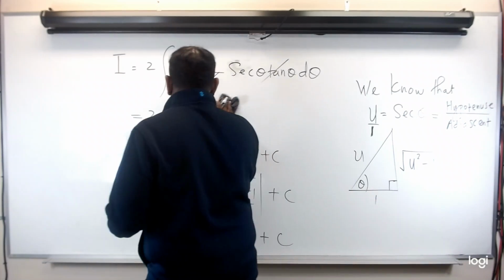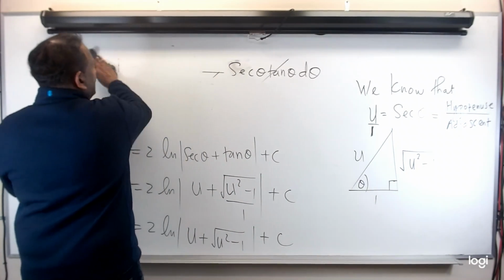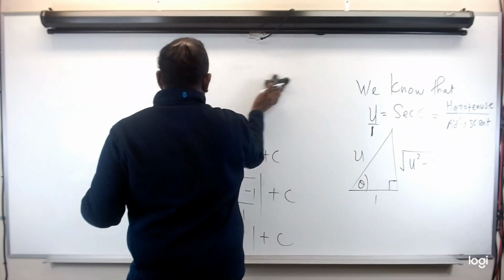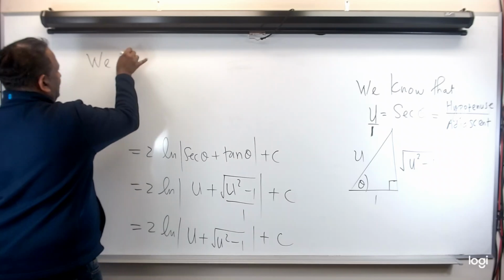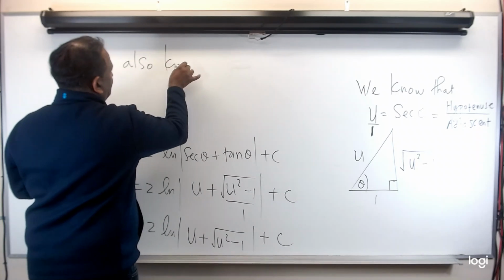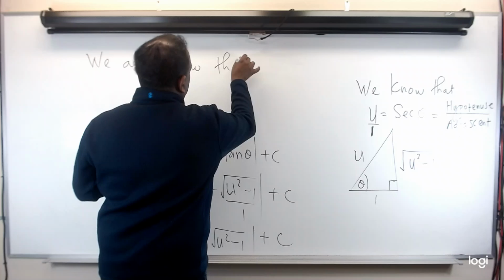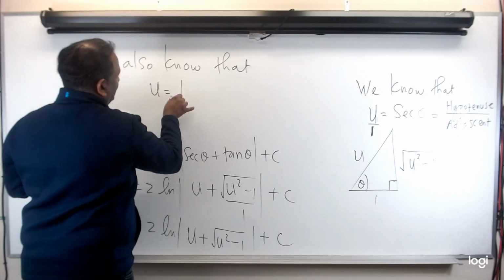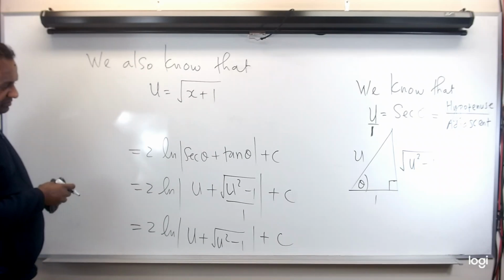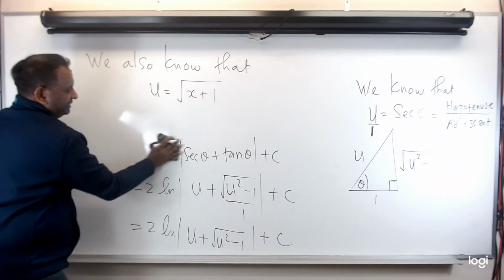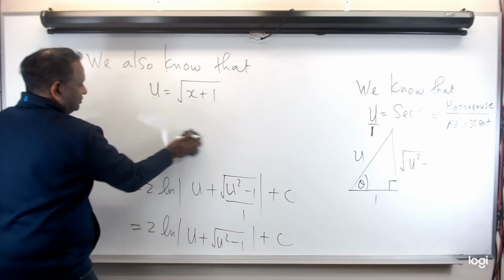Now we're not done yet. See, still we have u. We don't have x. But we also know that u is nothing but the square root of x plus 1. So let's replace u now.